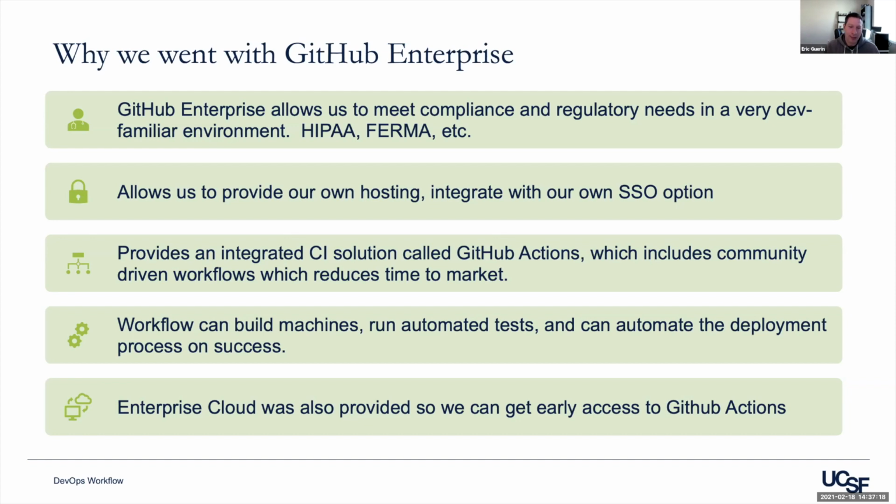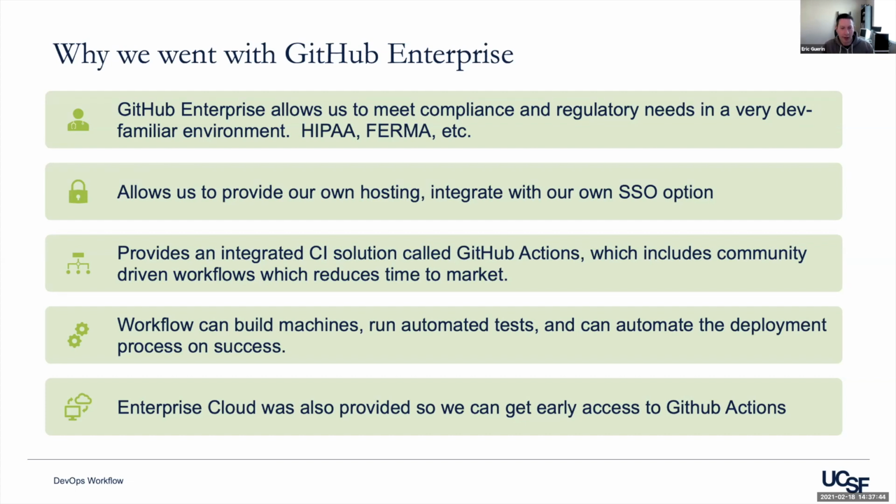And this allows us to use the more advanced tooling that GitHub has available. Now, GitHub Actions will be available in the enterprise solution very soon, if not already. So it will be a solution for everyone. But at the time that we started this project, it wasn't yet available for the enterprise version.